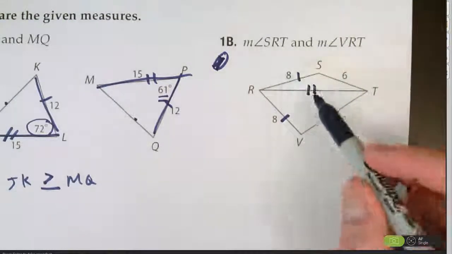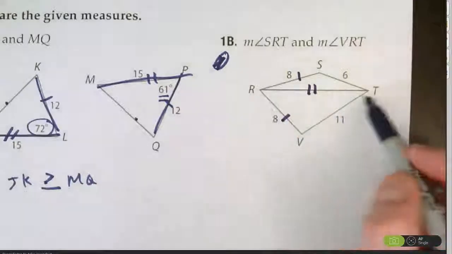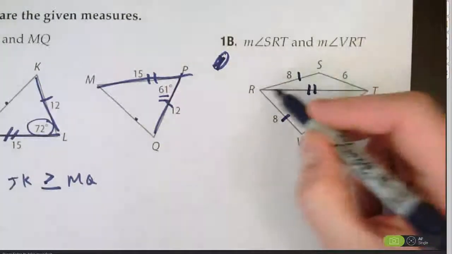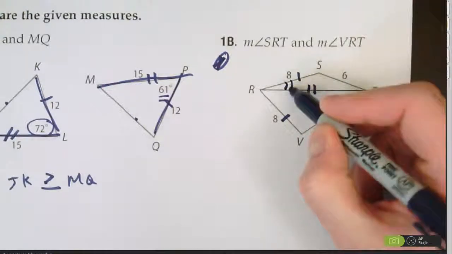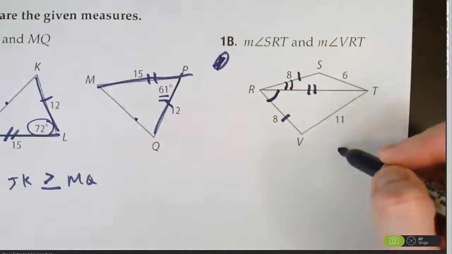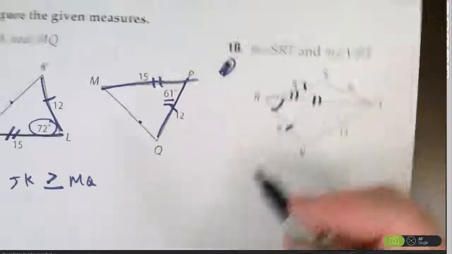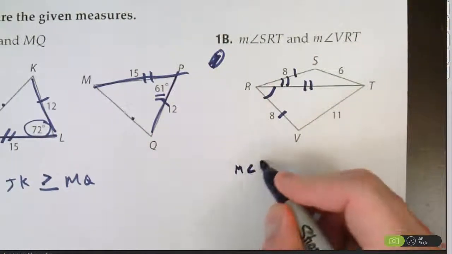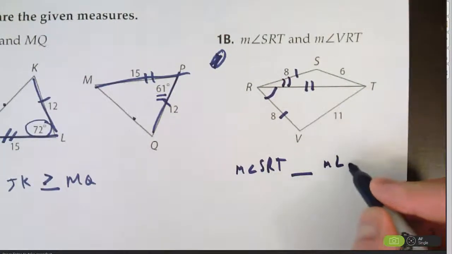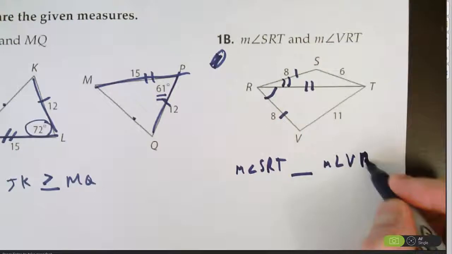So we have two pairs of congruent sides, RS and RV, and then RT and RT. Now I'm trying to compare angle SRT, which is this angle here, to angle VRT, which is this angle here. Are they equal? Is one bigger than the other?